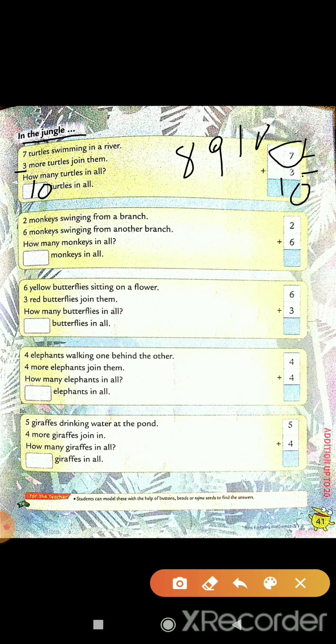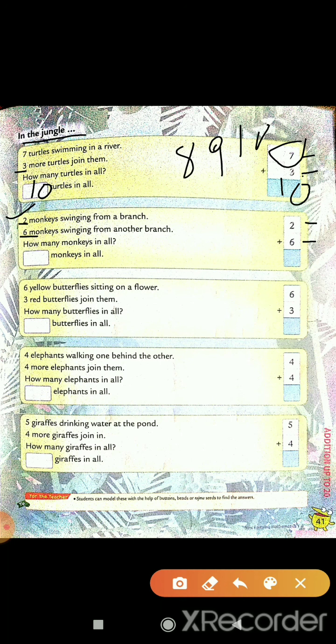Got it, students? Next, 2 monkeys swinging from a branch. 6 monkeys swinging from another branch. So how many monkeys in all? So 2 monkeys at one branch and 6 monkeys at another branch.